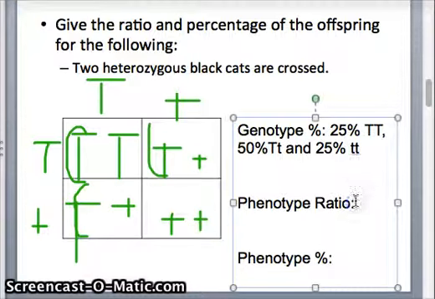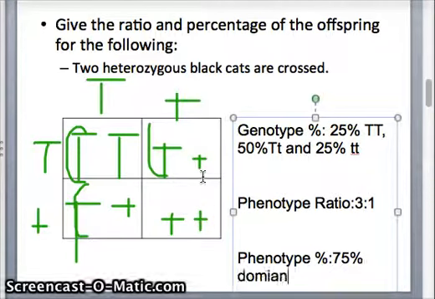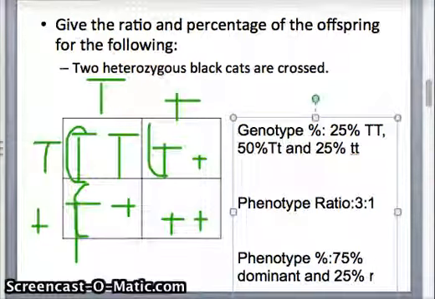So it's going to be 3 to 1, and the percentage there is, since there's 3 of them, that's 75% dominant and 25% recessive.